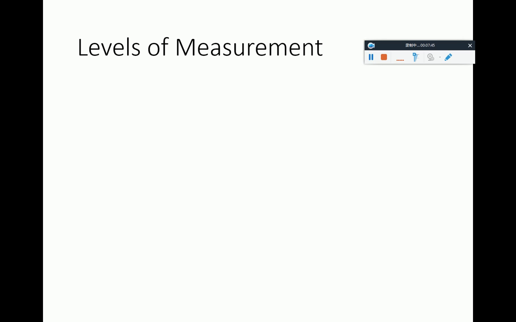So we are going to focus on one specific topic regarding operationalization, and that is the level at which we will measure a concept. Recall that we just said, right? To measure a concept or a construct is very different from the way that we measure the length of a table.